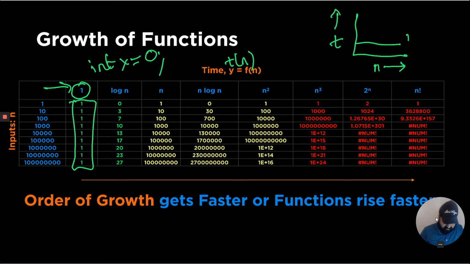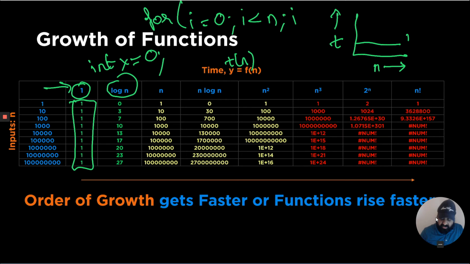Similarly, for the next function, which is log n, you can see this kind of case when a loop is increasing from 0 to n, but we are updating the loop by the value 2 at every iteration, which is i equal to i plus 2. We are going to see some examples of log n when those steps are calculated.